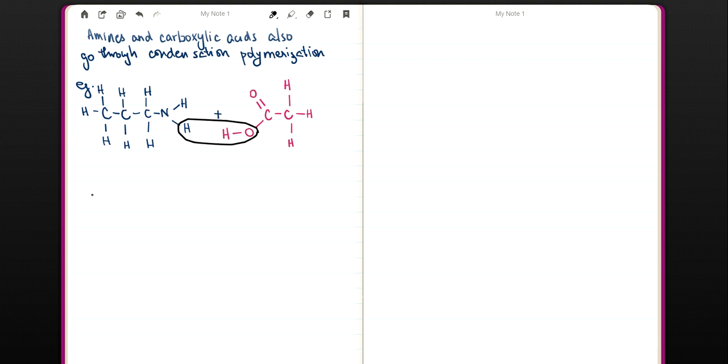And your product will be this right here. And this is called a peptide bond.